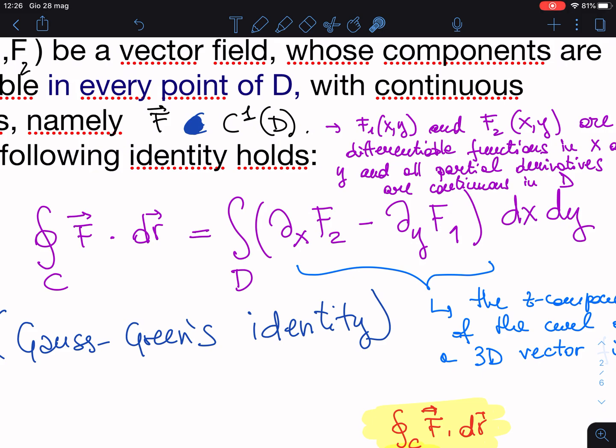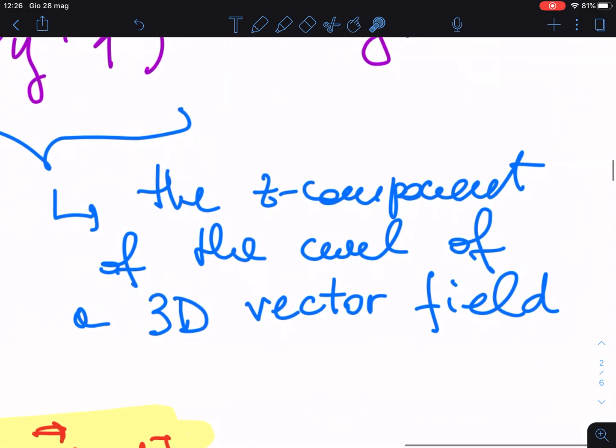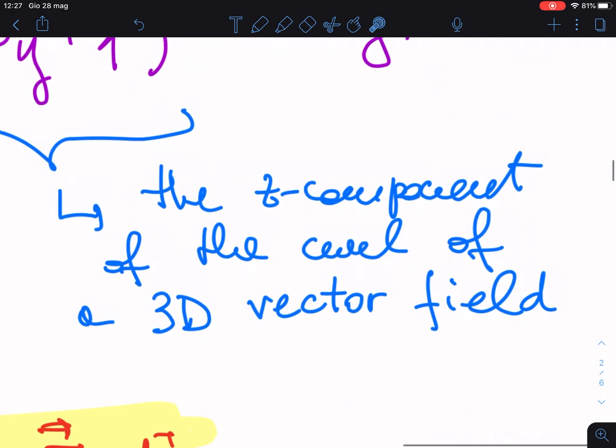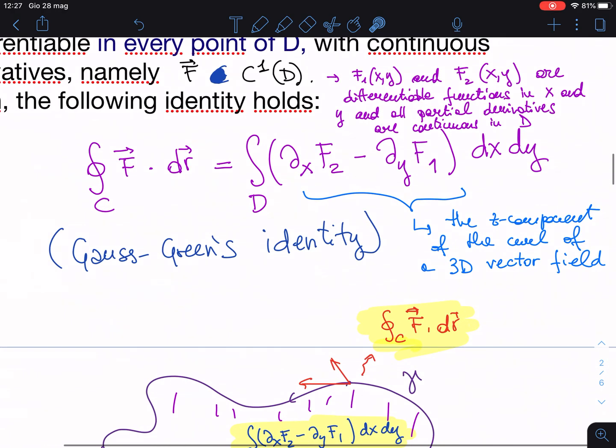Okay, I already explained that this is the z component of the curl of a three-dimensional vector field, and this will be the starting point to generalize to Stokes' theorem.